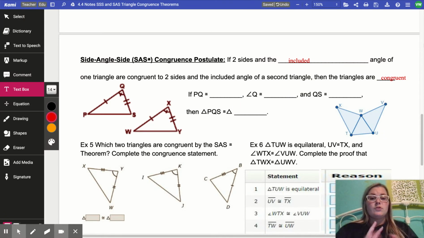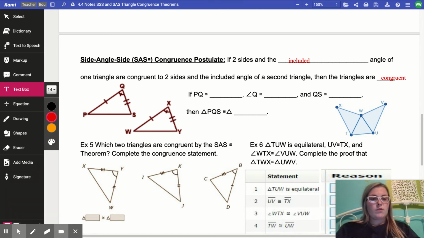If two sides, so you have two sides coming together like this, and the included angle, the angle between the two sides, we kind of talked about this on Monday, if the two sides and the included angle of one triangle are congruent to the two sides and the included angle of a second triangle, then the triangles must be congruent.